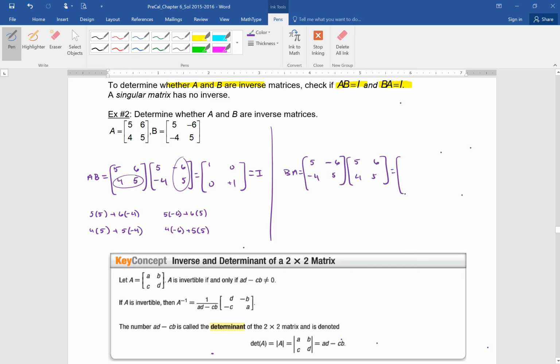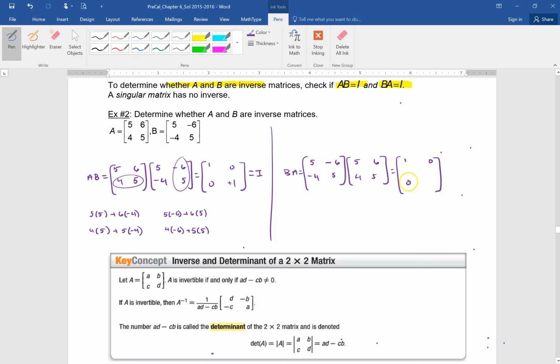Okay, so row 1, column 1, 25 minus 24, right. So that's a 1. Row 1, column 2, 30 minus 30, 0.